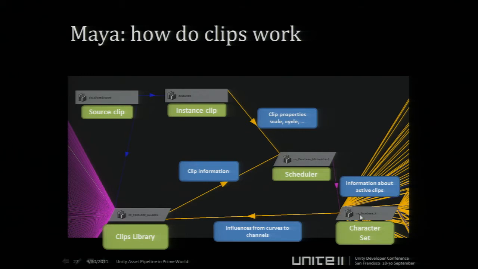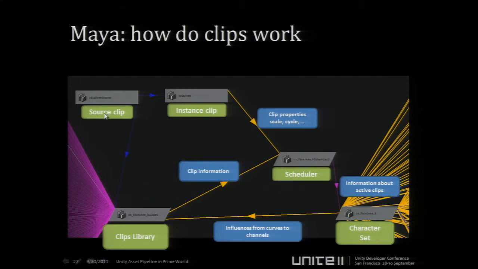First of all, we have the character set, which I have mentioned before. The character set is just the list of all the channels in our character rig, the channels we can affect to deform our character. Another node is called the clip library. It contains information about imported animation curves and about the source clips.